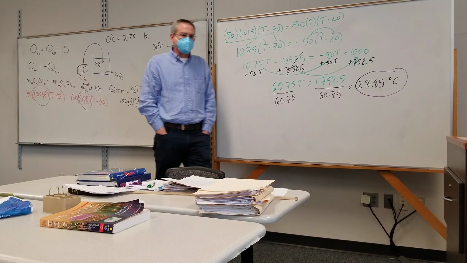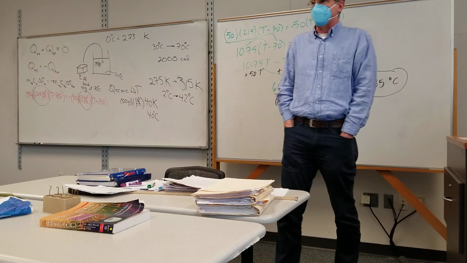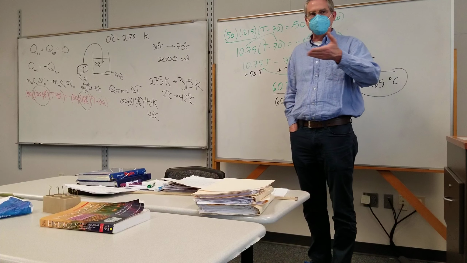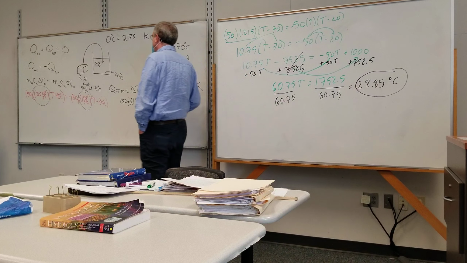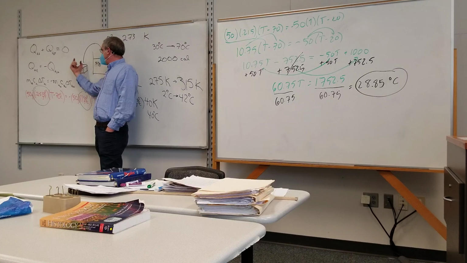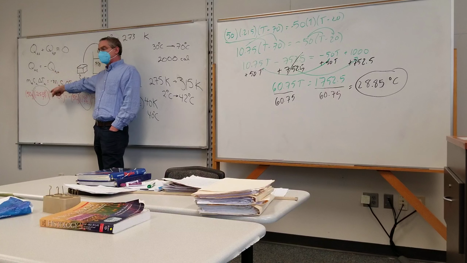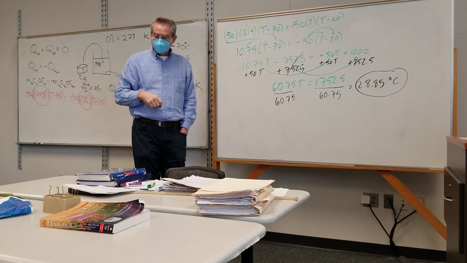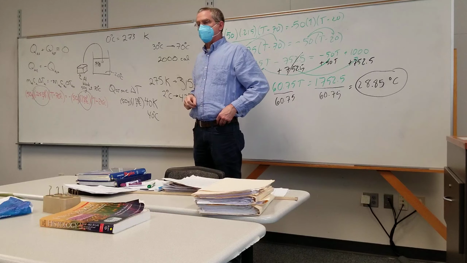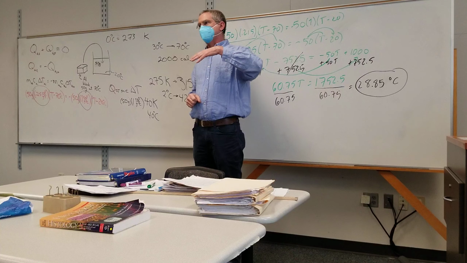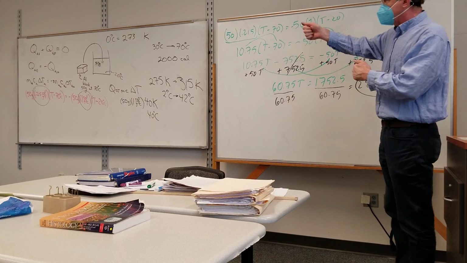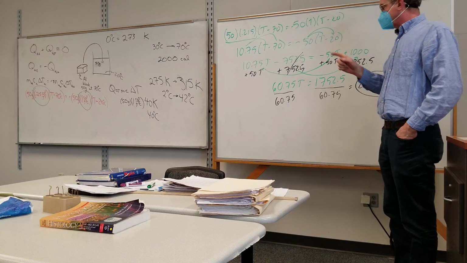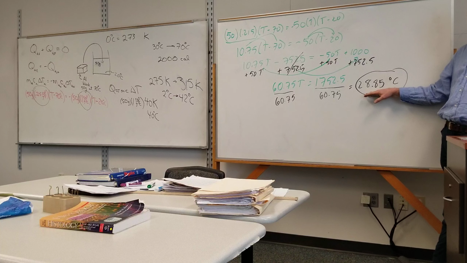You can almost think of specific heat as thermal inertia. The smaller the number, the easier it is to change. So when I put them together, the aluminum is going to change its temperature more than the water will. Therefore, I would expect the final answer to be closer to the original temperature of water than for the aluminum. I expect it to be between 20 and 70 degrees, and I expect the final answer to be closer to water, and that's satisfied there. So this makes sense.